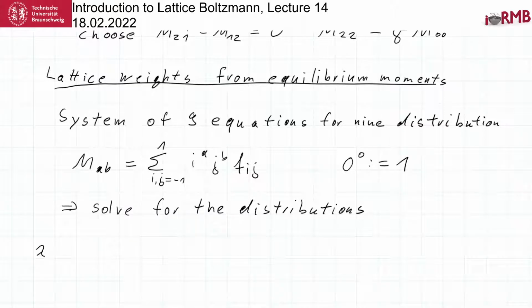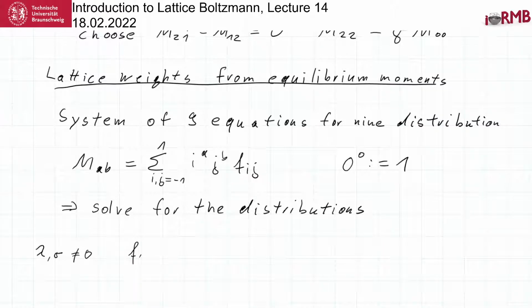And because I don't want to write all of them, I introduce 2 parameters, lambda and small sigma, and they are not equal to 0.